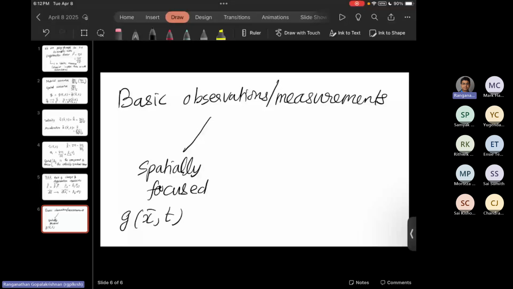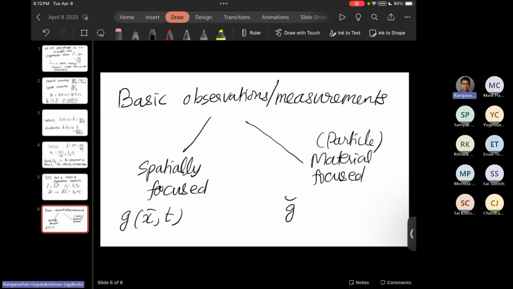You can also look at material focused or particle focused. Those would be G tilde, which is focused on a particle. Wherever that particle is at that instant, you track that object, which may or may not deform.